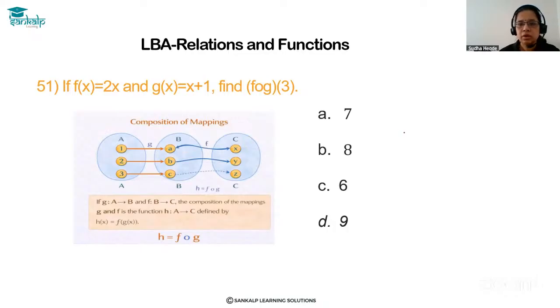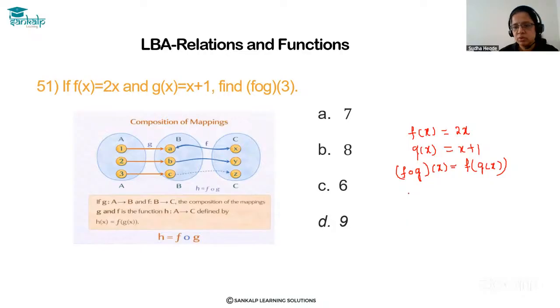So f of x is equal to 2x, that is given. g of x is x plus 1. Find f composition g of x first, then f composition g of 3.